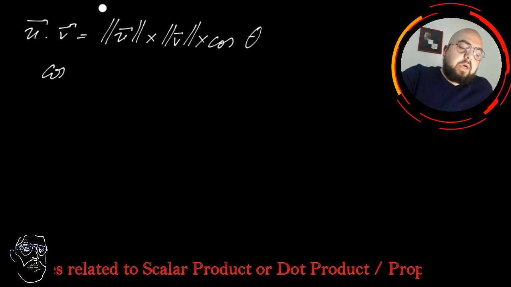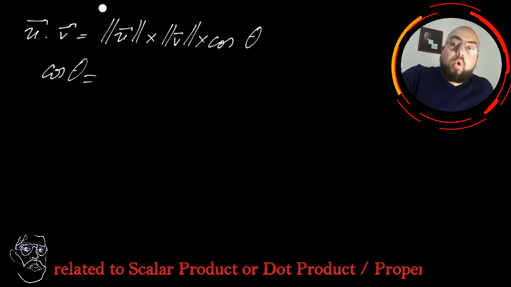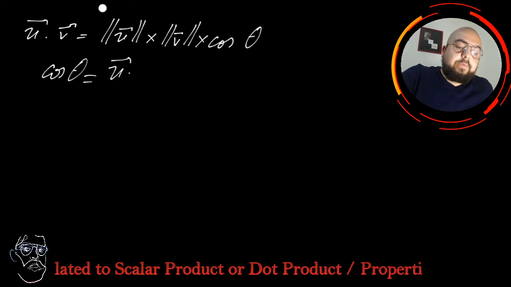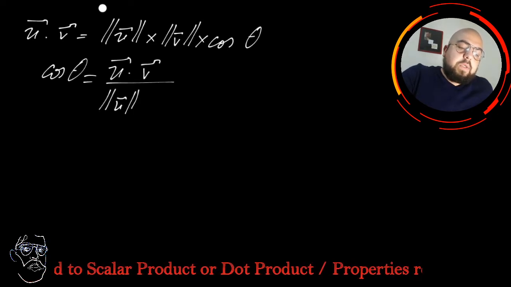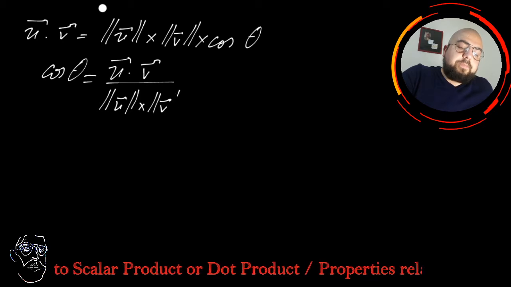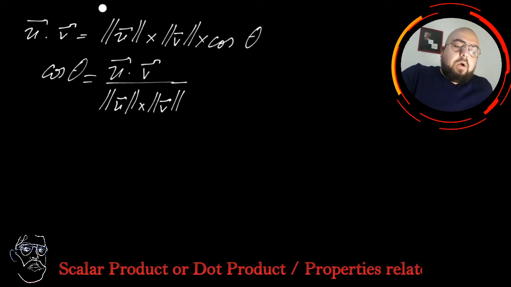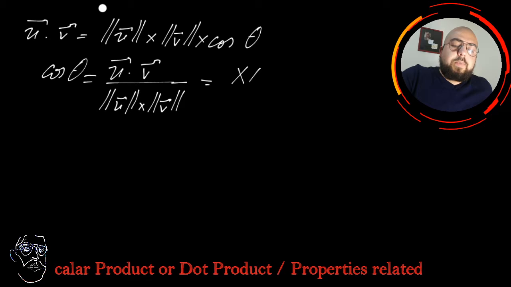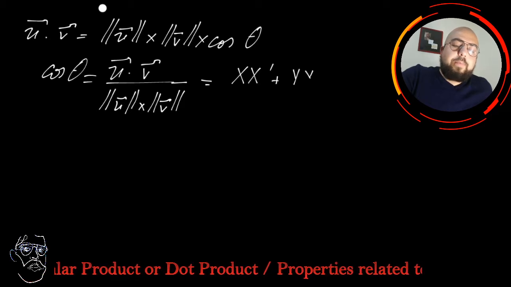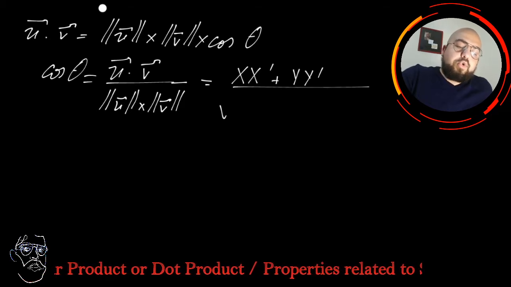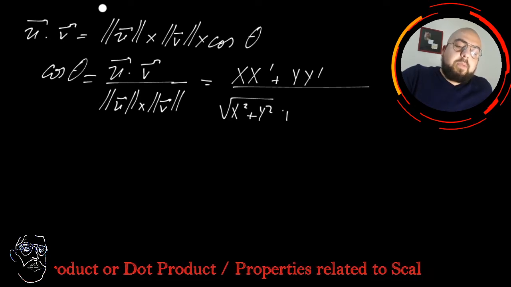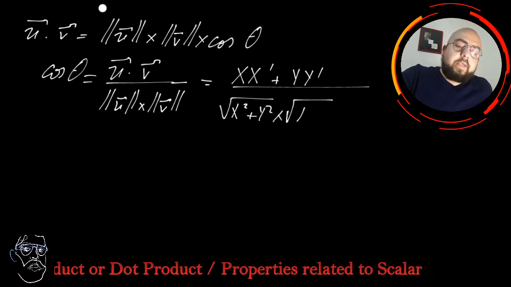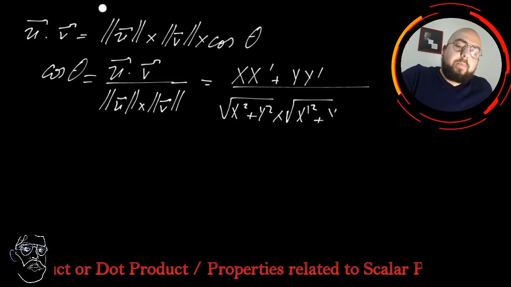So cosine theta is actually equal to U scalar V over the norm of U times the norm of V. U scalar V is x x prime plus y y prime, over the square root of x squared plus y squared times the square root of x prime squared plus y prime squared.